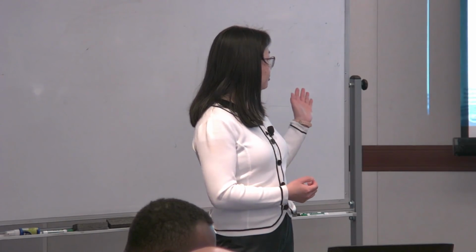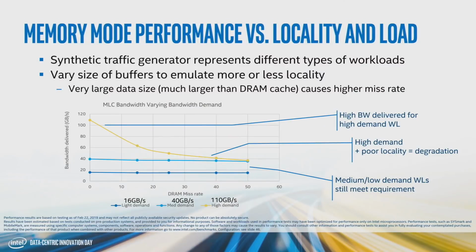In this case, as we varied the miss rate, because the request from the application was at the moderate or lower level, there was really no bandwidth degradation, even as you increase the miss rate. The yellow line would be mimicking an application that's asking for data at the highest possible rate, and at the left, when the DRAM miss rate is 0, so you're hitting DRAM all the time, you basically get the same bandwidth as you would get from just running a DRAM system.